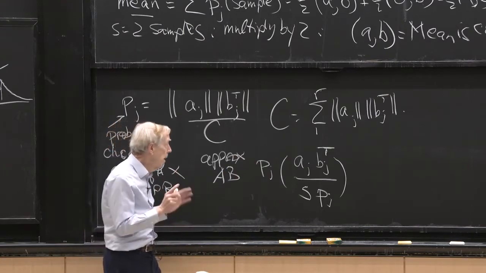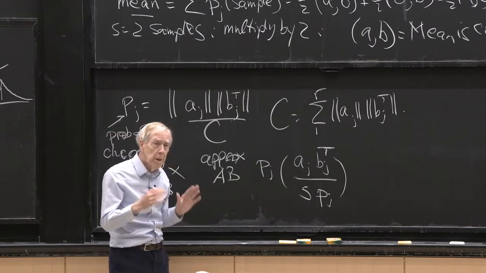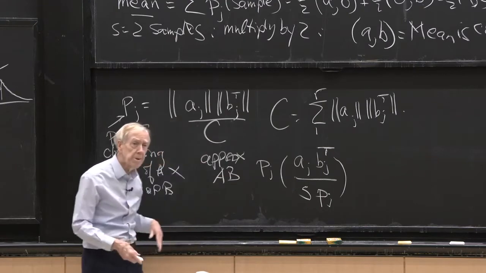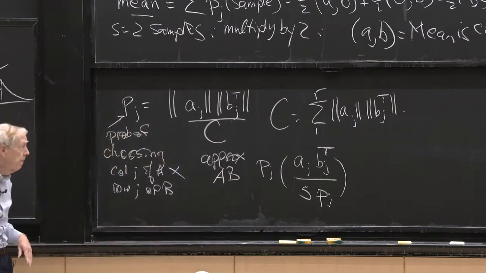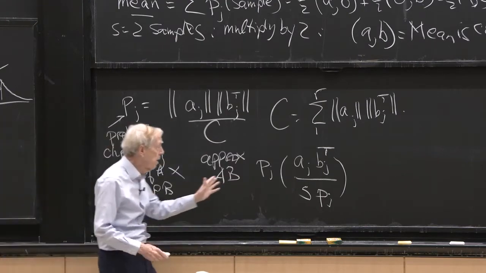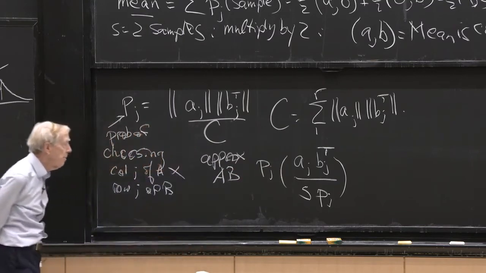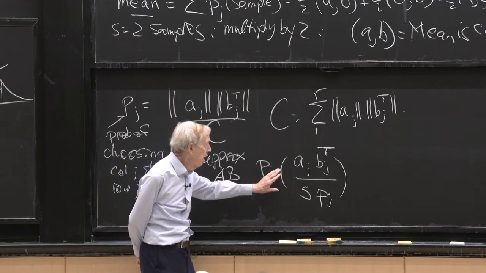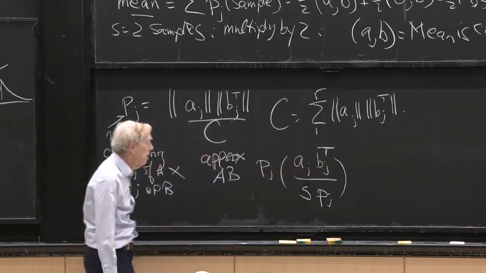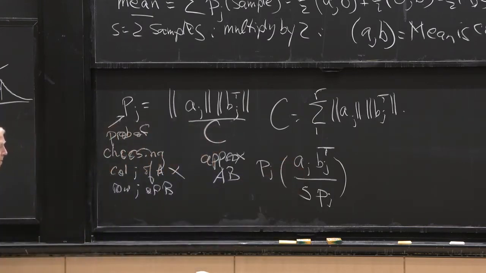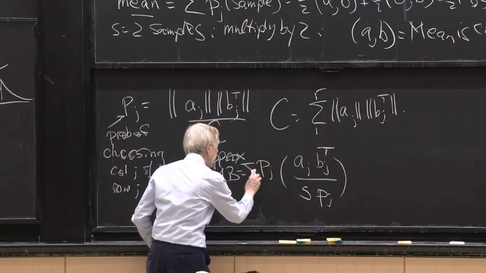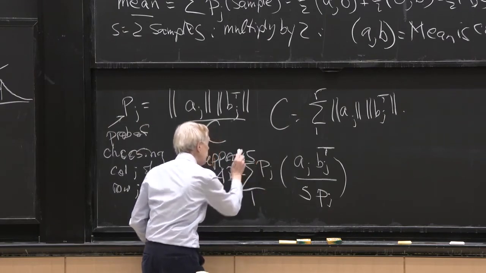And then the plan will be to choose these Pjs to minimize that total variance. So that's a typical sample: with probability Pj, pick that rank 1 matrix. Then my approximate AB is the sum of all these over S samples.